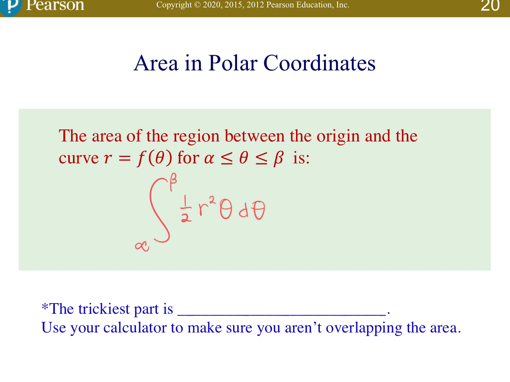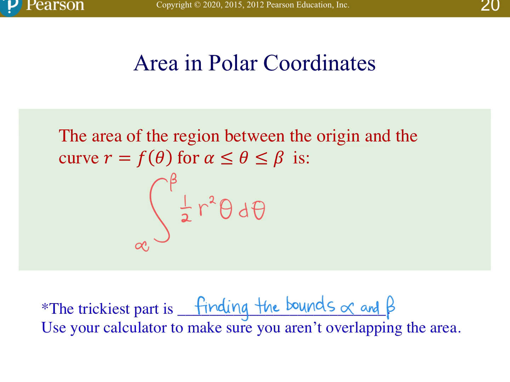Okay, because it's the theta that's swinging from alpha to beta. The trickiest part is finding the bounds. The bounds alpha and beta, if they're not given. If they're given, easy peasy, you've got the bounds. If they're not given, that can be the trickiest part.